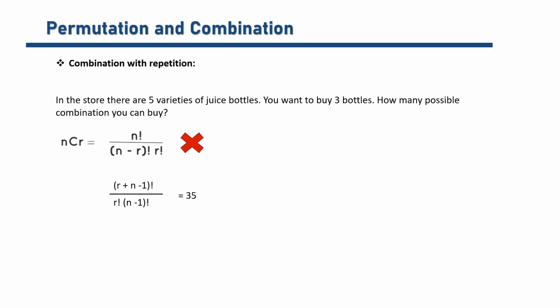Now this is a repetition scenario because you can buy any 3 bottles of the 5 varieties. In that case, the earlier formula will not work. Use this formula: r plus n minus 1 factorial by r factorial into n minus 1 factorial. So if you put 5 and 3 here, you will get an answer of 35.